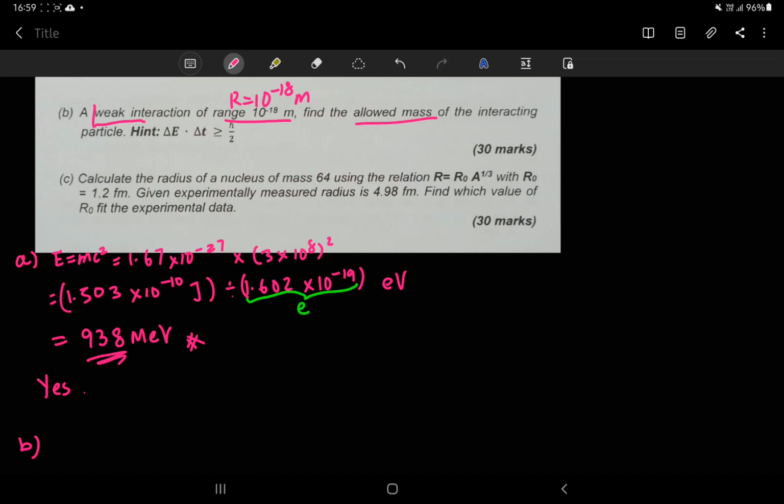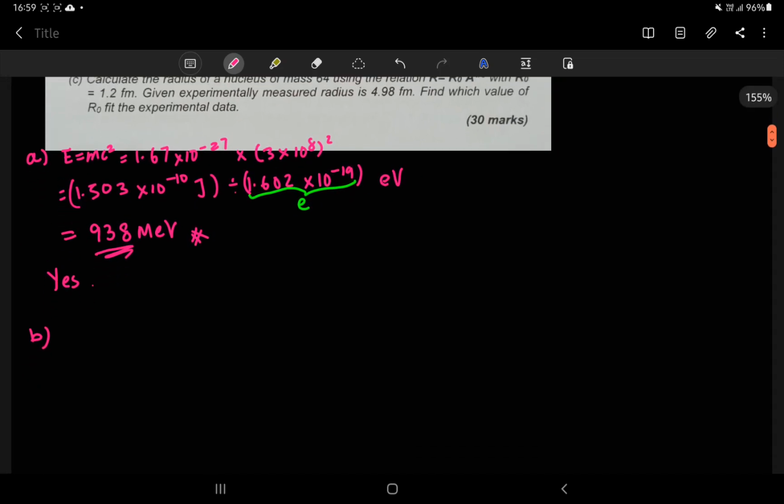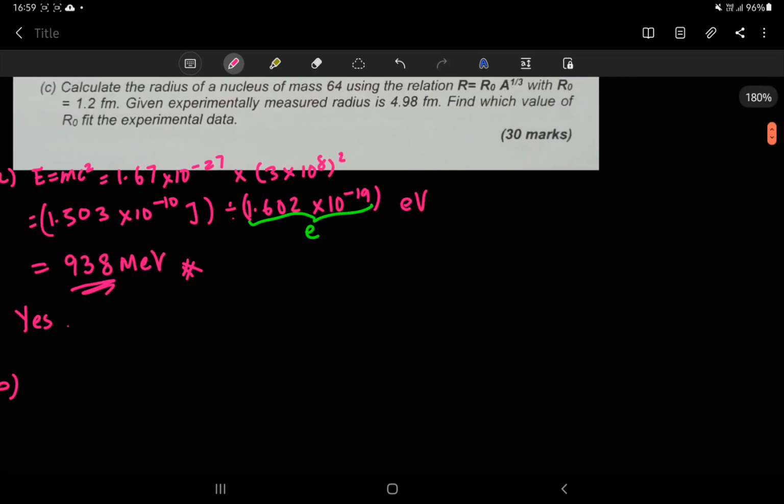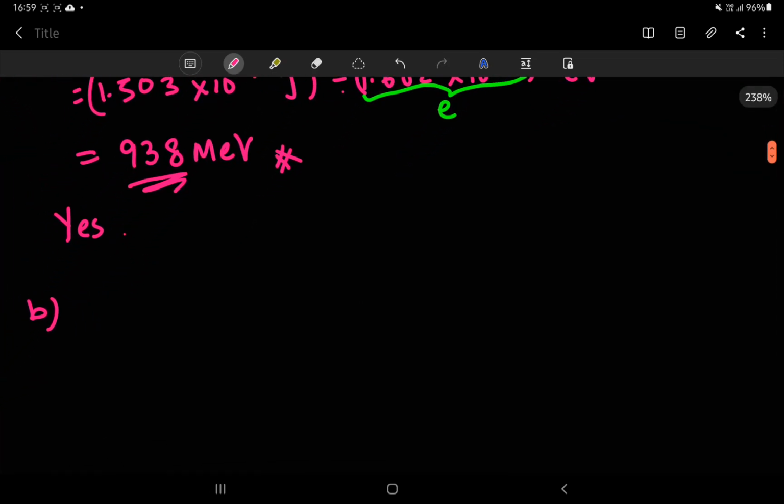Compared to the electromagnetic force, the range is from negative infinity to positive infinity, so the range is infinite, but it is not as strong as the nuclear force. So we are going to find the allowed mass for this weak interaction force.